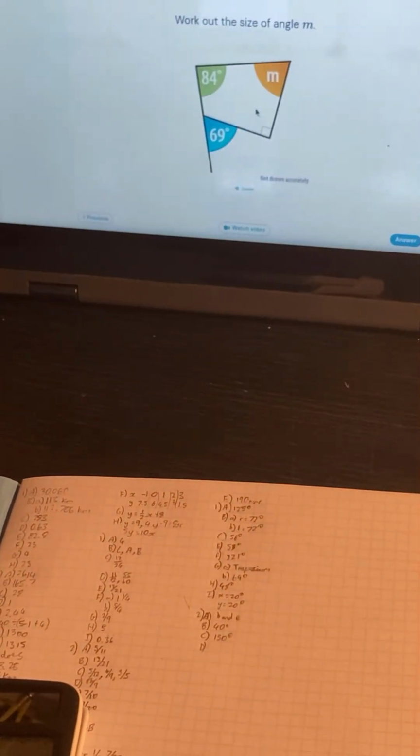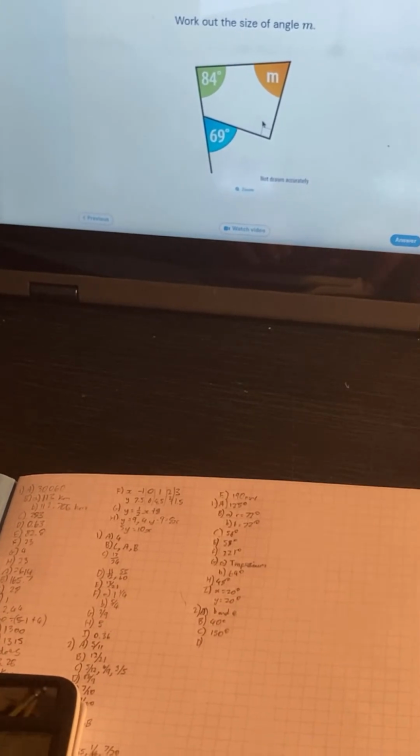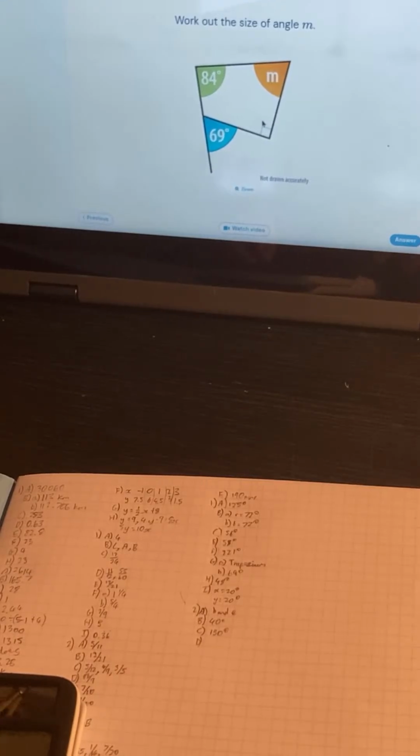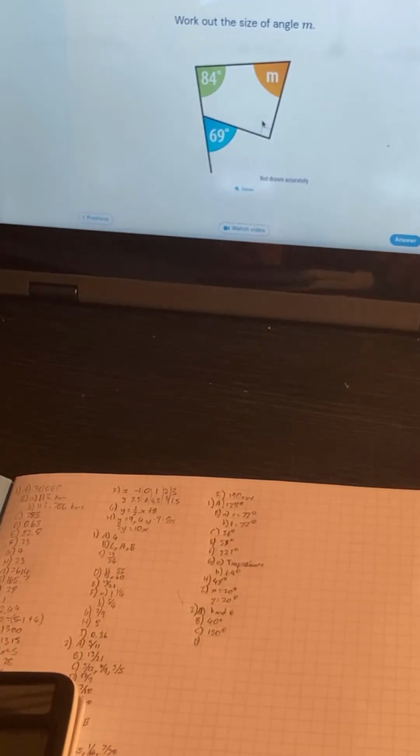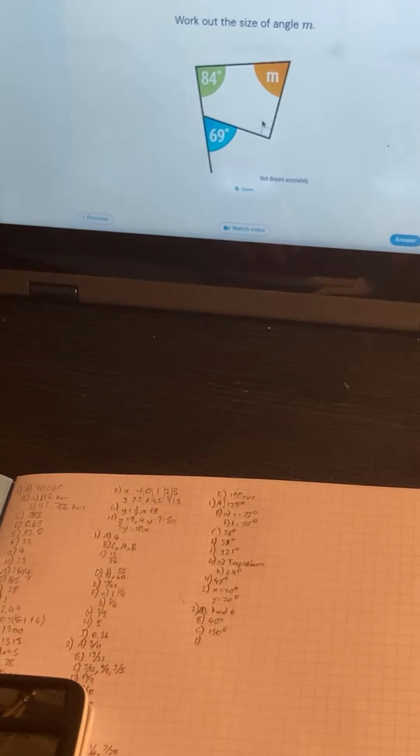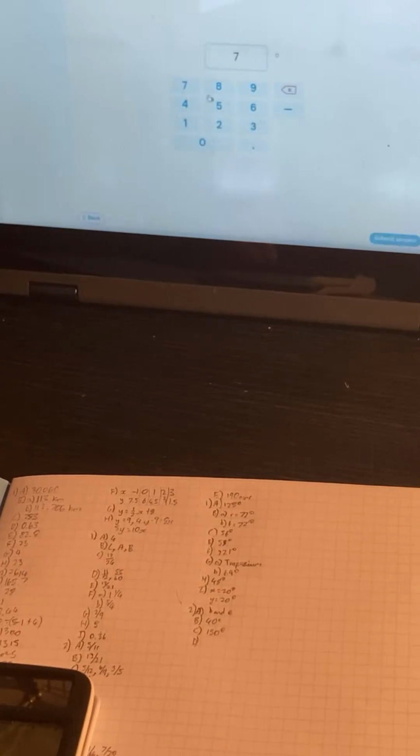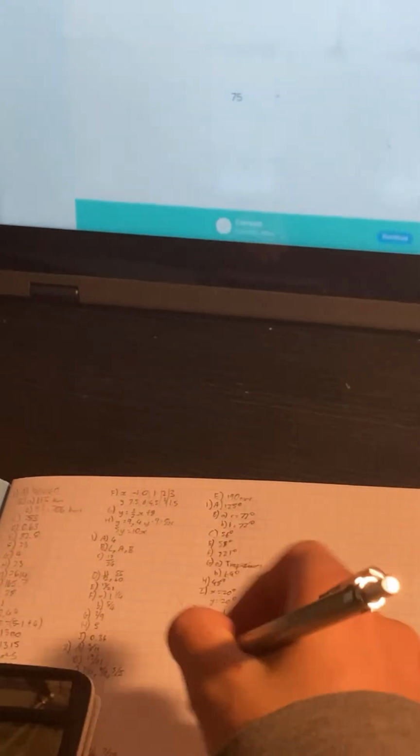A, B, C, D. M. So 360 subtract 90 subtract 84. Right. That leaves us with those two angles. Answer subtract. I cannot be bothered. 180 subtract 69. Should be 75. Yep.